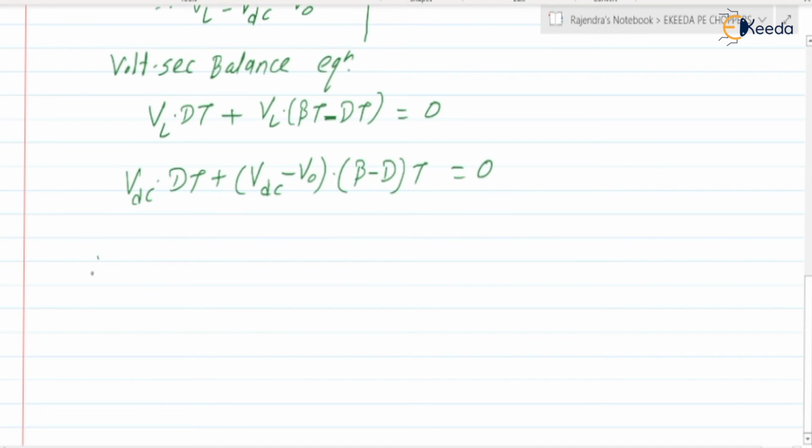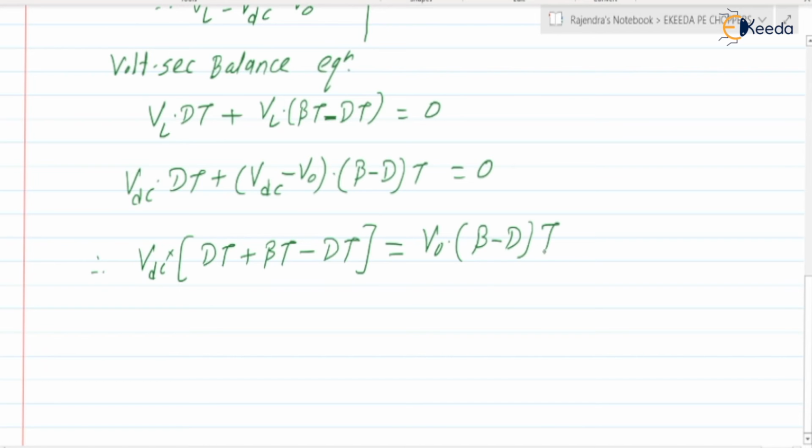So therefore we can write, take the VDC common, so VDC into dT plus beta T minus dT is equal to, I am shifting this V0 to the right hand side, V0 into beta minus d into T. So here dT will get cancelled, and this T will get cancelled.